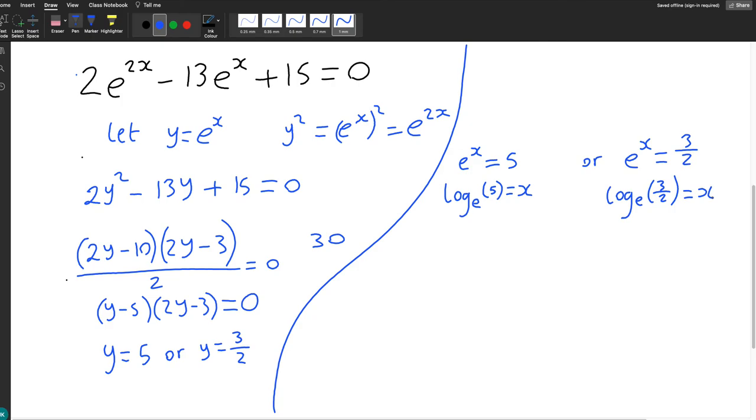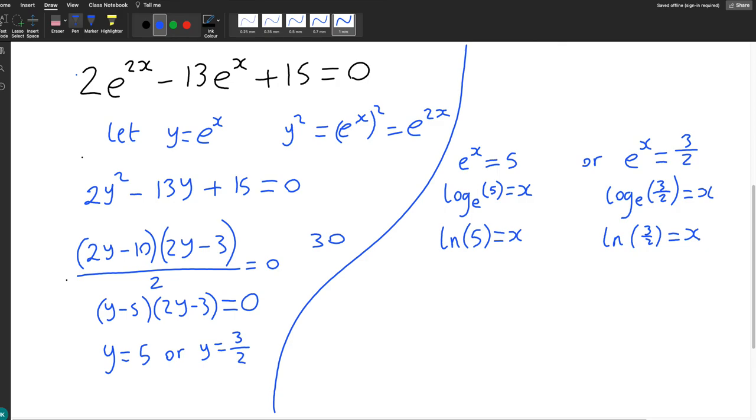I'm writing that just so that it's clear to see what the base is, but the logarithm there exists as natural log or ln, however you guys want to pronounce it, is equal to x.